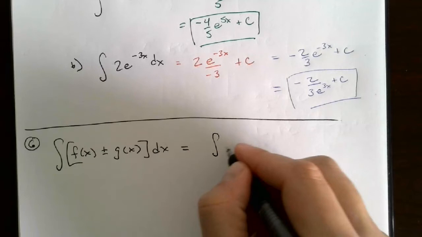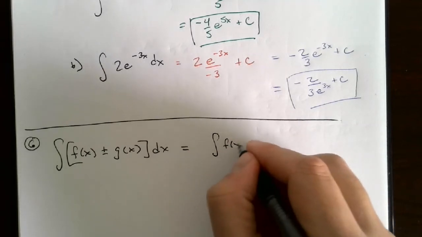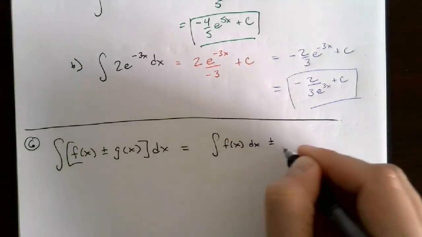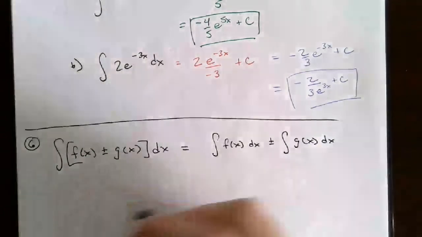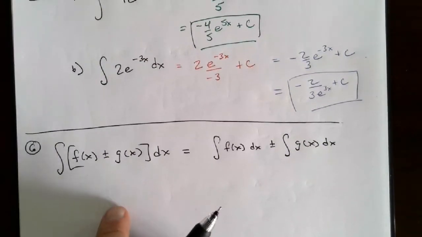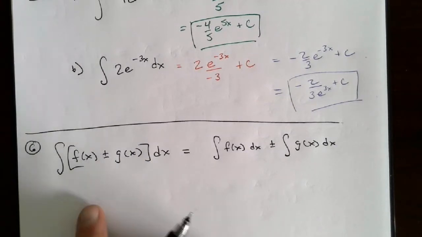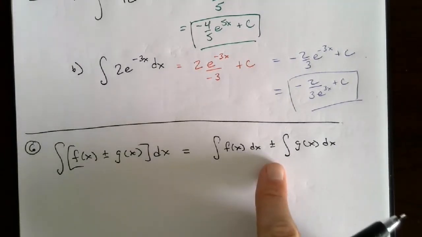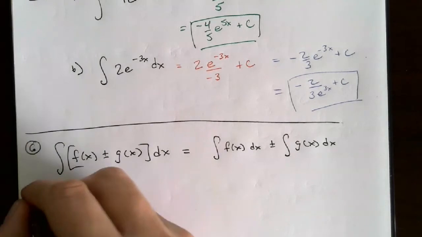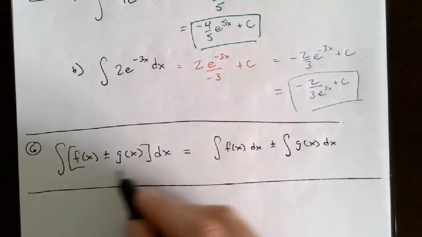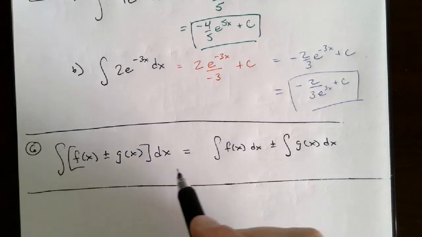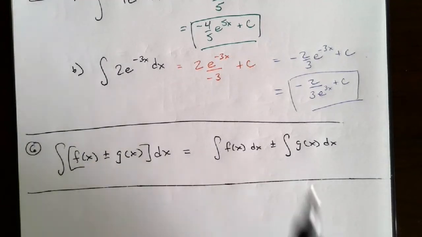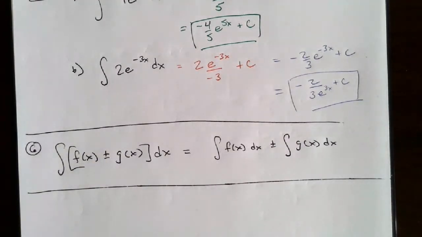So I could take the integral of f of x dx plus or minus the integral of g of x dx. As long as they're added or subtracted, you can take the antiderivatives individually and still add or subtract them. Now, if it's multiplication or division inside of here, that's a different rule. You can't just take antiderivatives of each piece. So let's do some examples with this.